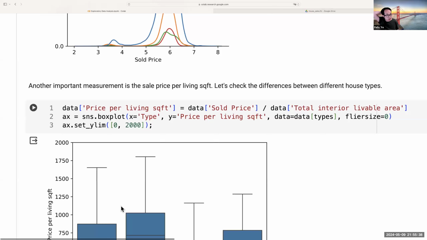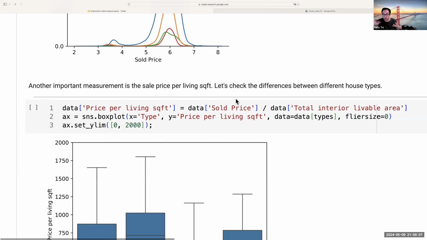Okay, so another way is you probably need to do some transformation of the data instead of just working on one variable. Think about one measurement: sale price per living square foot. It's very natural to think that if the interior livable area is large, then of course your sold price is large.